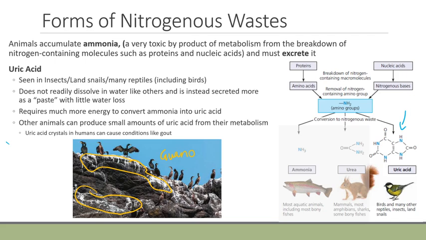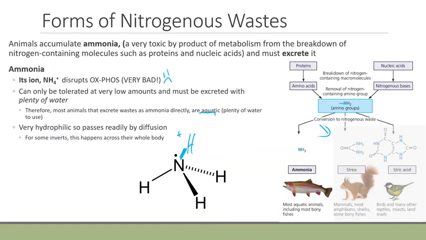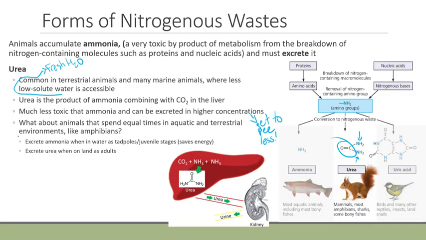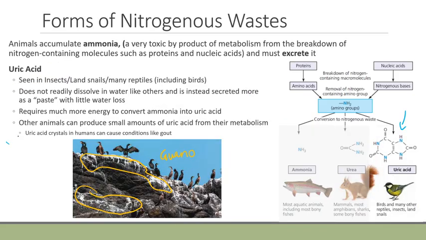So we have this nice little gradient of very hydrophilic, so easy to dispose of in water, but you need a lot of water to do it, versus less toxic, so you can excrete it with less water, and a little bit more energy needed to do that, and then you need a lot of energy to convert it to uric acid, but as a result, it is much less toxic, but also doesn't mix with water, so you can retain more water and just excrete it out, as a kind of semi-solid paste.